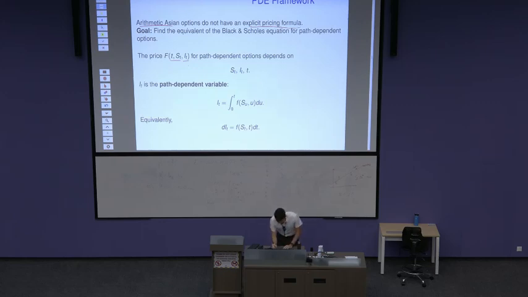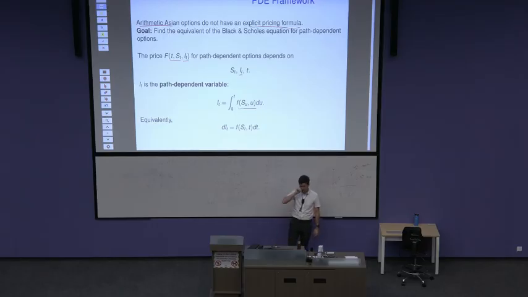Okay, so we have this additional parameter I_t, and this is some path-dependent variable. How we start to define it would be to say, okay, I_t could be some integral of some function that depends on the asset values and possibly also on time, and we integrate it over du.